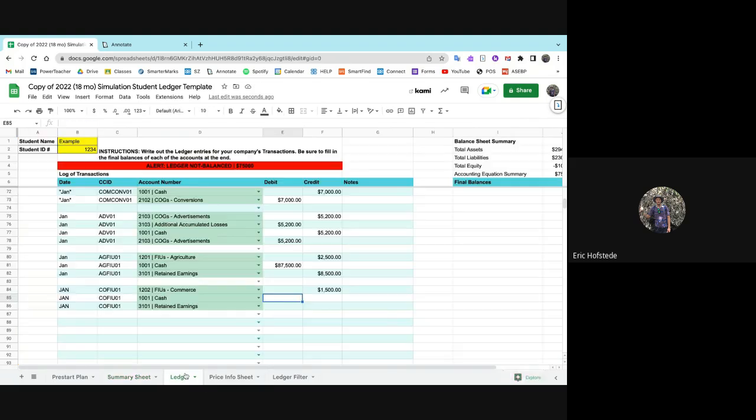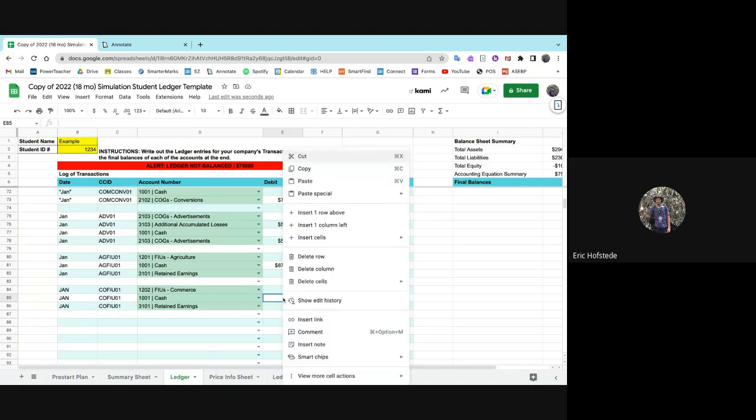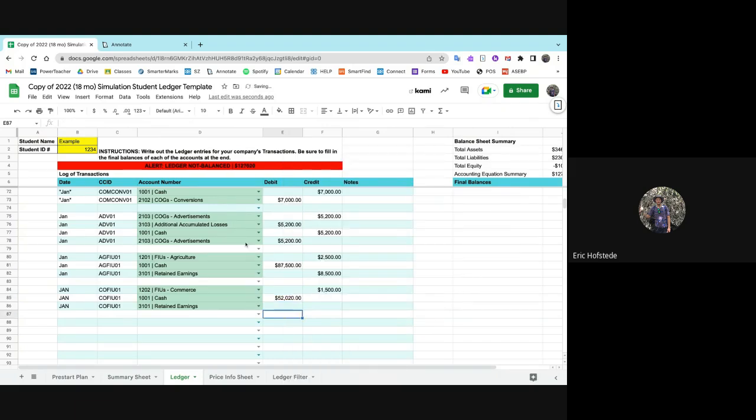I'm just going to copy that one over, paste it as a value, and it'll tell me how much extra money I made. Is that $127,000? That doesn't seem right. Let's just do our old, this minus this. 52,000 minus 1,500 is 50,000.